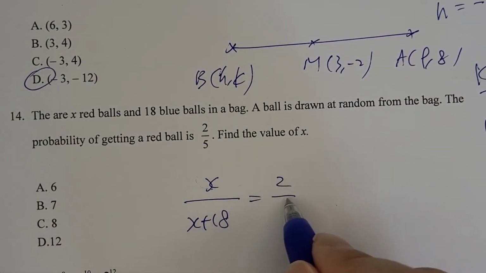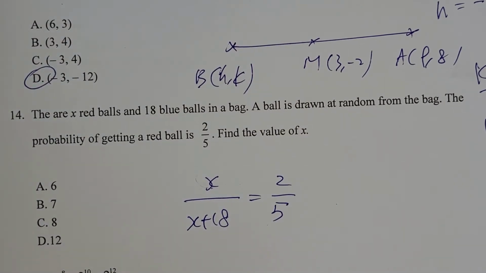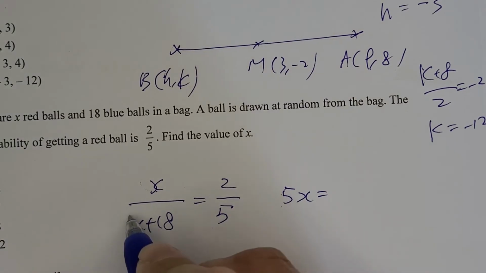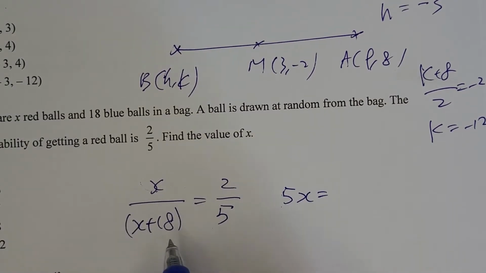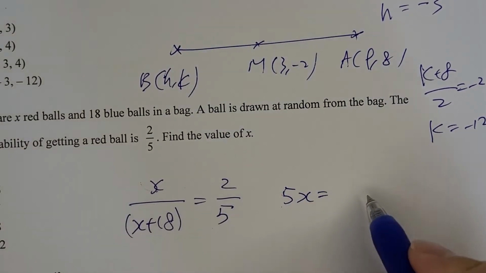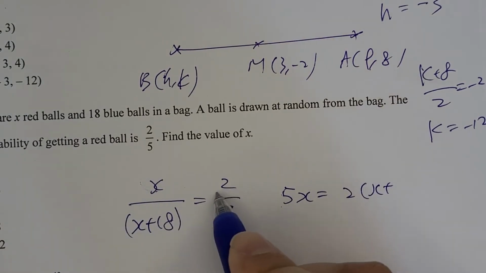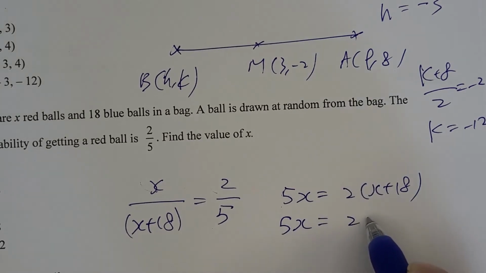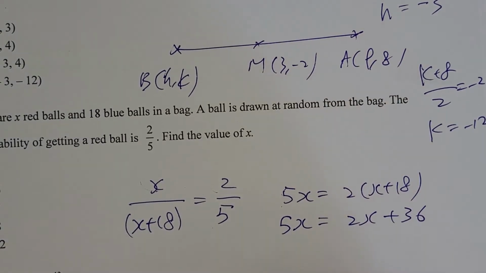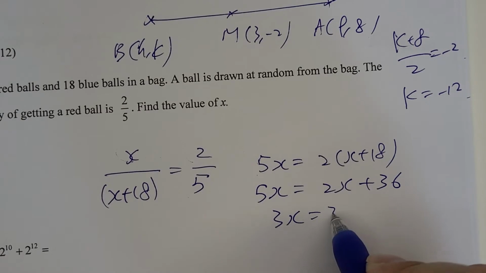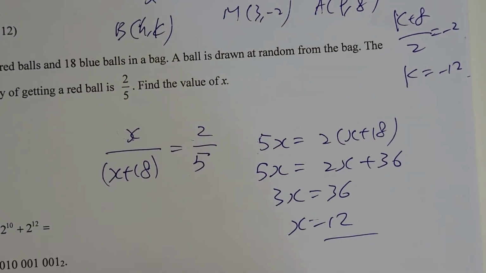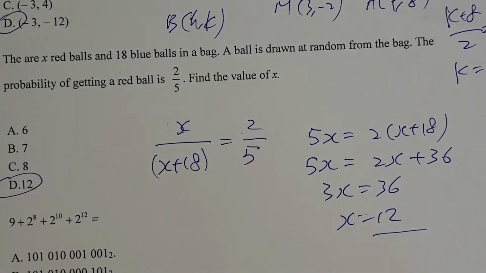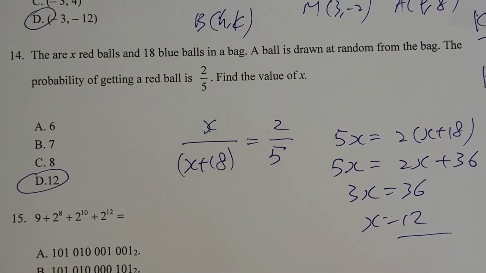So this probability equals 2 over 5. Just solve it directly. That is 5x equals 2 times a bracket, because there are two terms in the denominator, so 2 should multiply both x and 18. You can do the expansion and then solve it. x equals 12. So the answer will be D. That finishes question number 14.